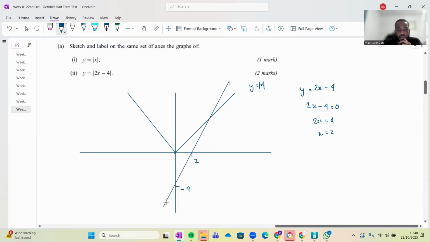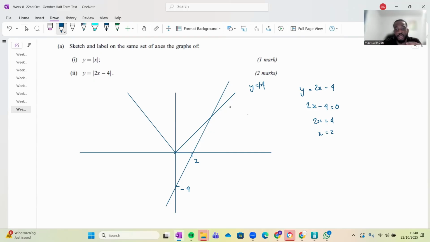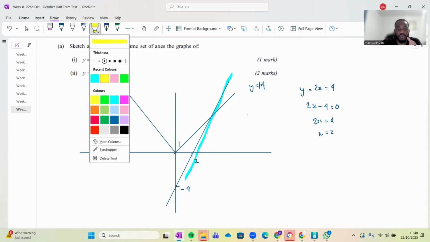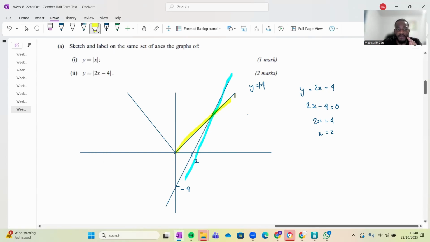One thing that's super important as well is that the gradients are different, aren't they? Because it's a sketch, you still want to make sure it is accurate. So when I draw the graph of y equals 2x minus 4, I'm making sure that gradient is a bit steeper than that one. That's super important. I remember one time when I was your age, I was doing a past paper with this type of question.